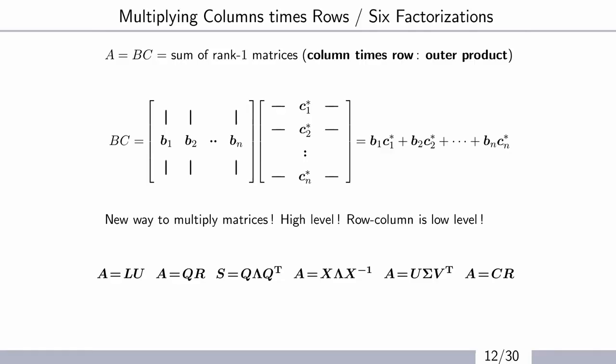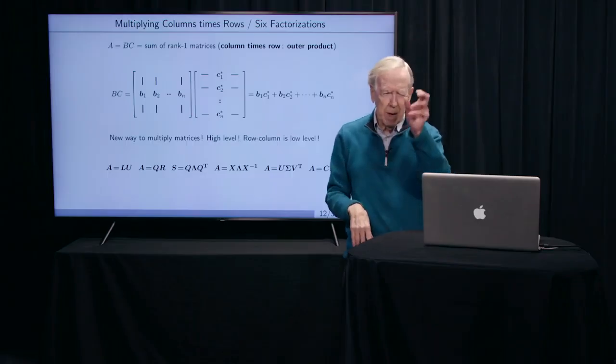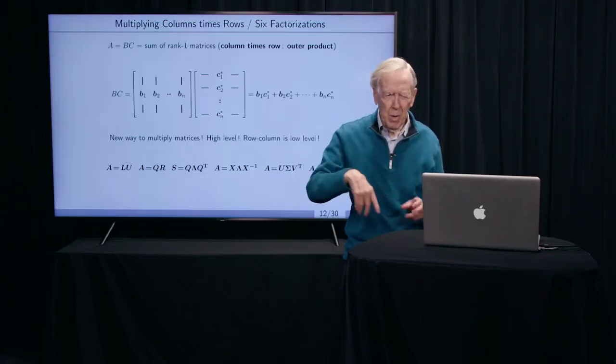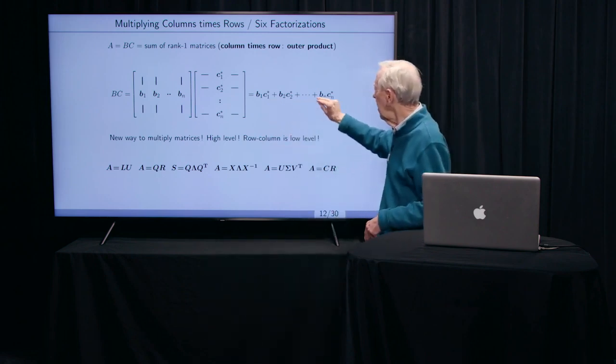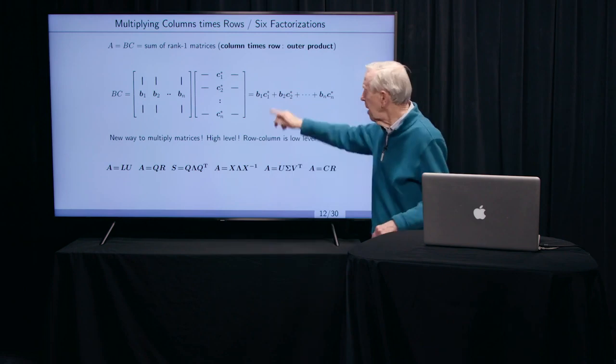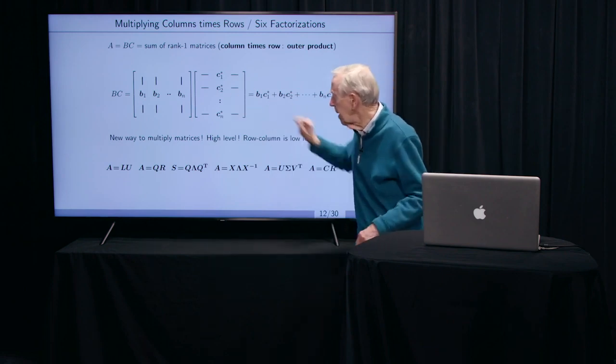Now, column times a row, we've seen that once for that rank 1 matrix. Do you remember I said that those rank 1 matrices, 1 column times 1 row, are the building blocks? Well, here's the building. Those are n of those blocks, a column times a row, a column times a row.